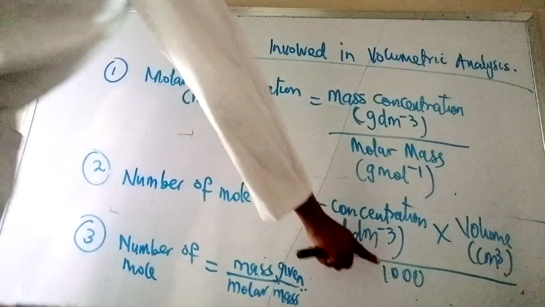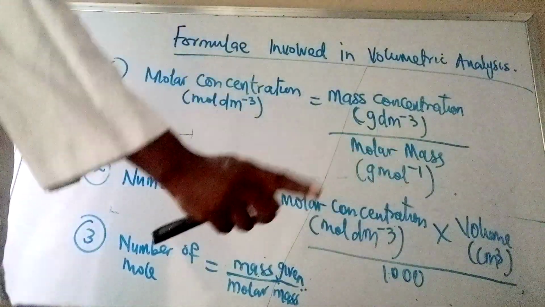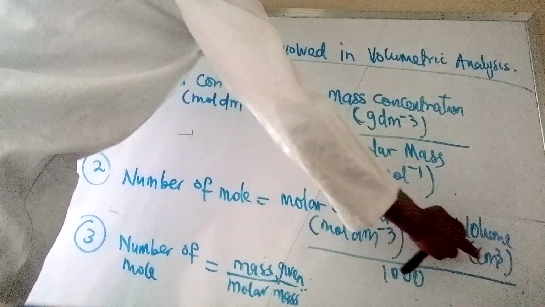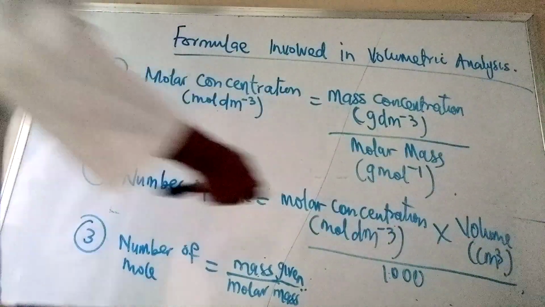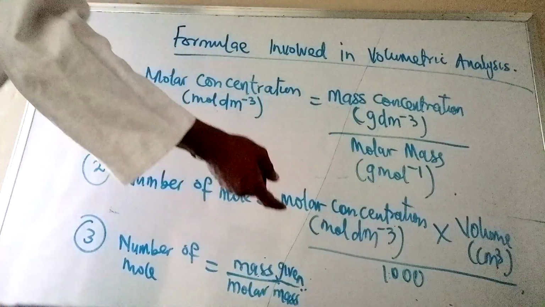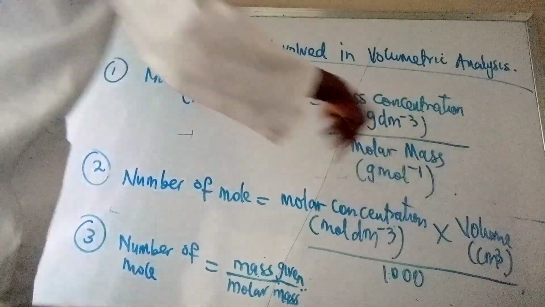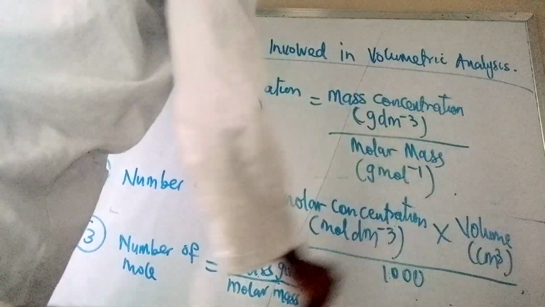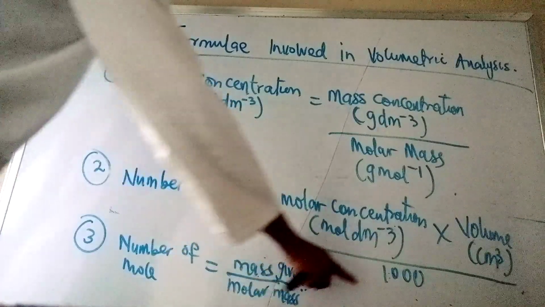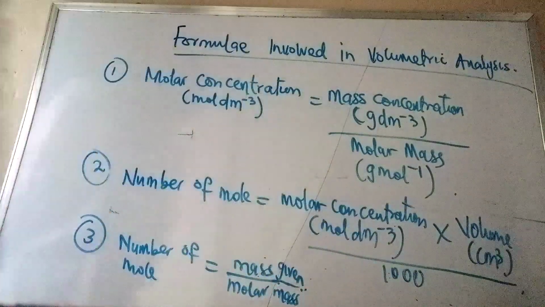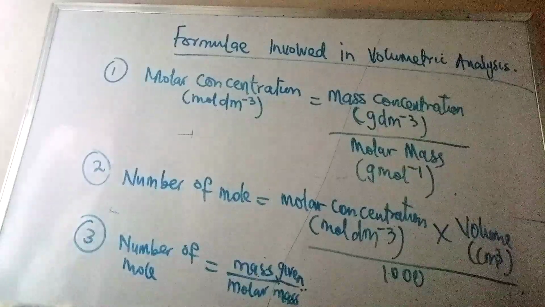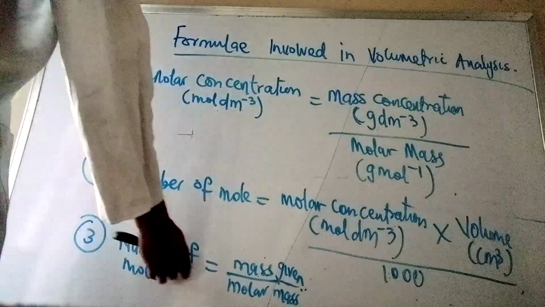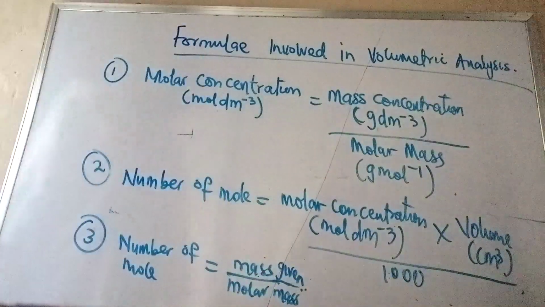The reason we are dividing by 1000 here is to make the dm cube and cm cube uniform. That means we are converting the cm cube to dm cube. But if the volume is already in dm cube, then we don't need to put 1000. Please take note of that. Then another formula: number of mole is mass given over molar mass.